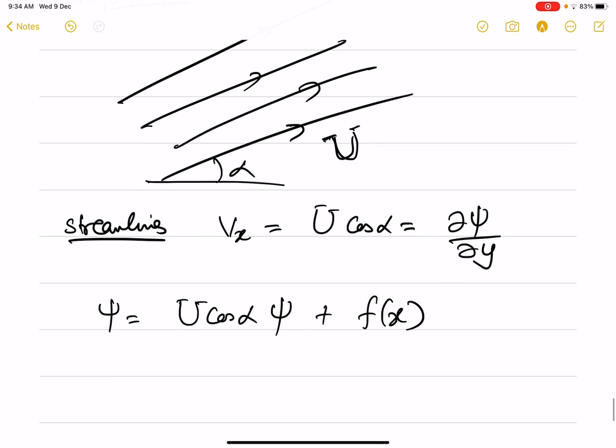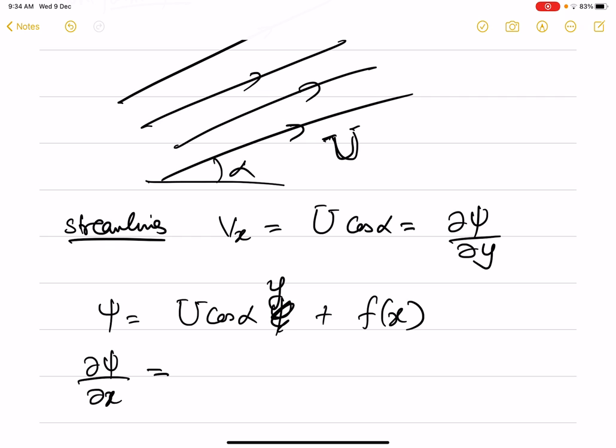We are doing it in a general case. We have integrated with respect to y. So psi is equal to U cos alpha y plus function of x.